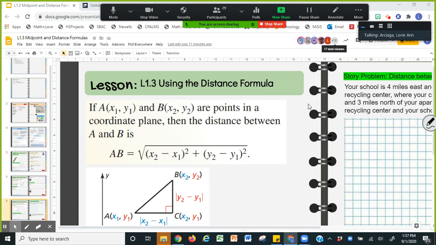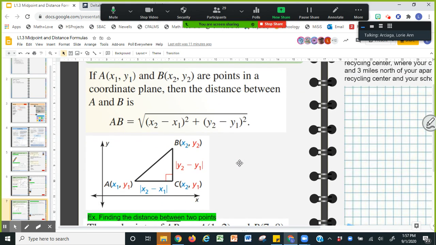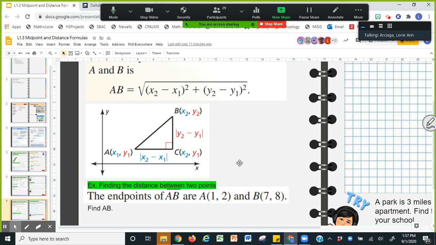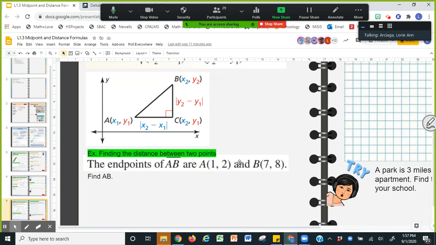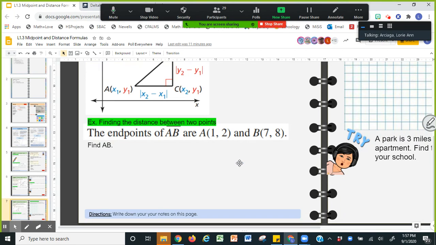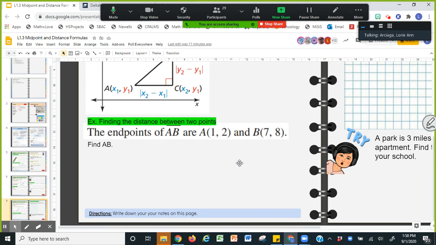Cool. All right. Okay, and the last but not the least is the distance formula. You will also see this in the homework. So let me just give you a quick example. And this has been mentioned by Jeremiah already earlier. So to find the distance between them, instead of adding them, you're just going to subtract them. So let's say, for example, 1, which is the first number, and then 7 is its partner, right?